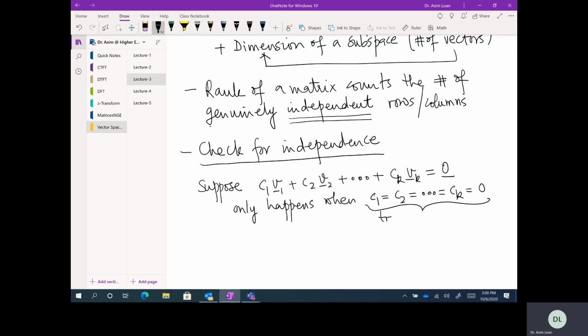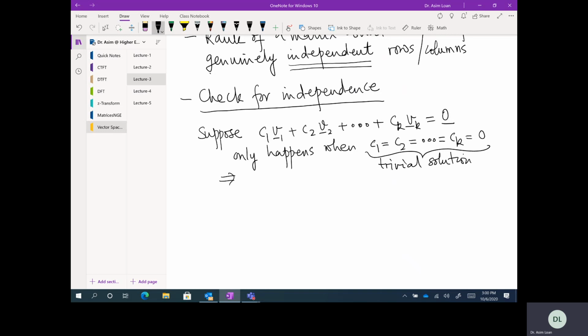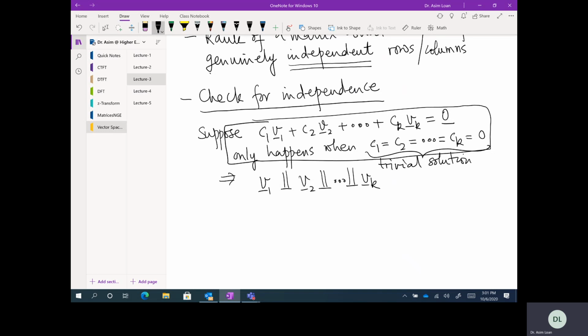This is called the trivial solution. So if this is the trivial solution, then we say this implies v1 vector is independent of v2 vector is independent of vk vectors. So you need to prove this one. If this happens, then you say the set of vectors is independent.